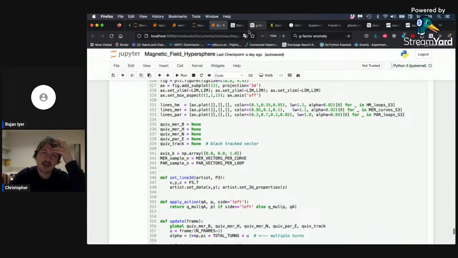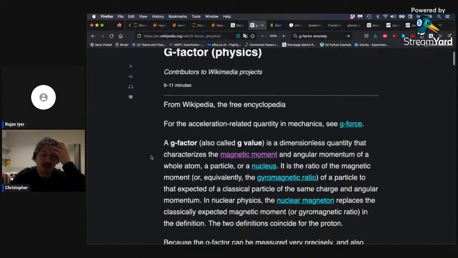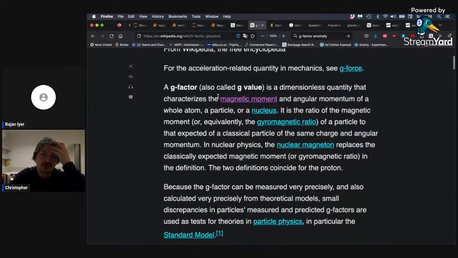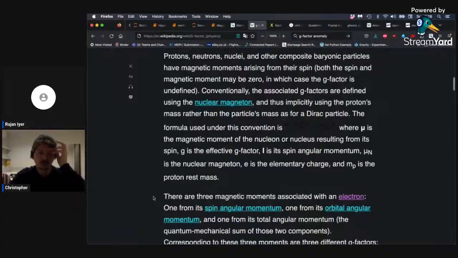And the purpose of that is to start to track this thing called the G vector, which is the magnetic moment of an atom, particle, or a nucleus.